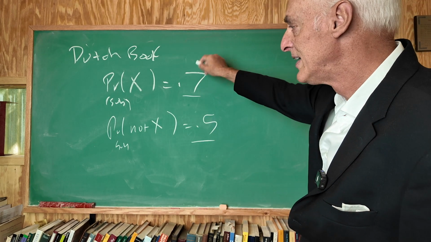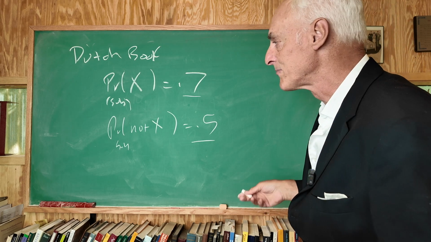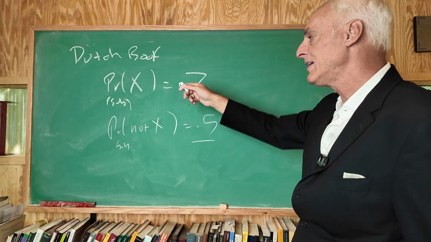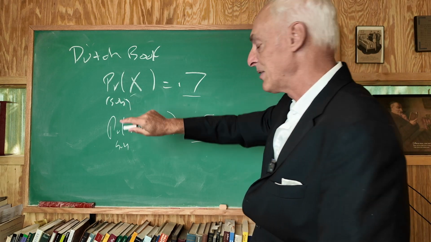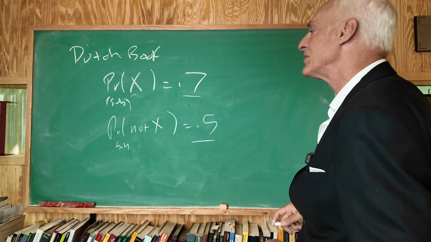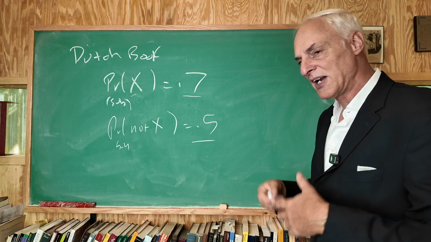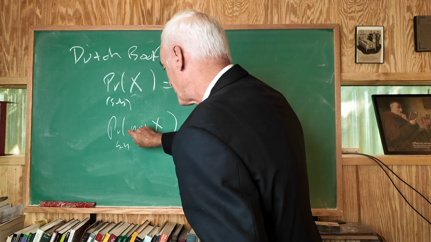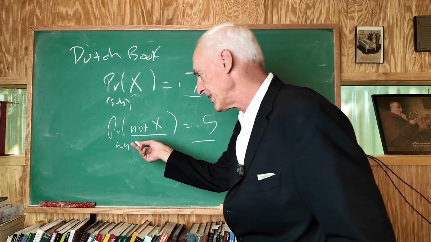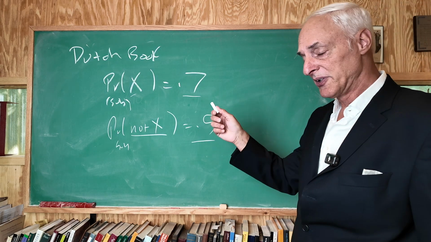Brief interruption there. Let's continue this discussion of Dutch book. So you have some event out in the world, whatever it's going to be, and it's going to be X. It could be the Tigers win, it could be anything, rain tomorrow, whatever you like. And you say it has a 70% subjective probability of occurring. But you're not thinking about it too clearly, and so you say the probability that it won't happen subjectively is 50%. Now, these two probabilities should add to 1.